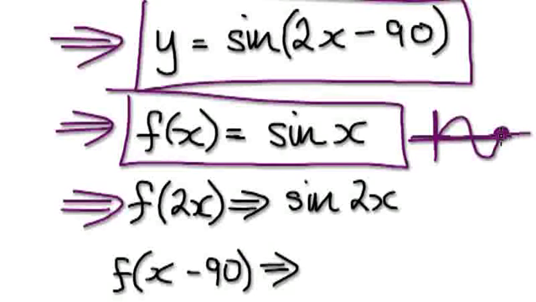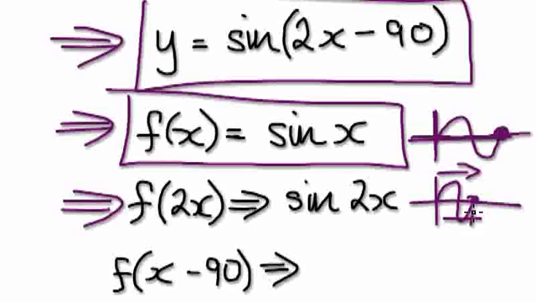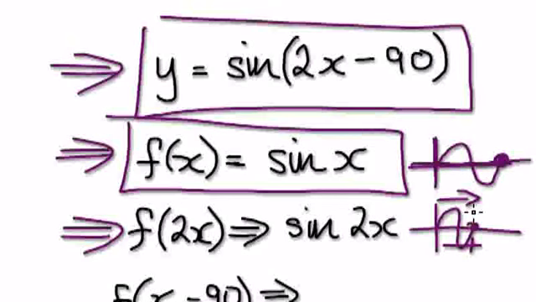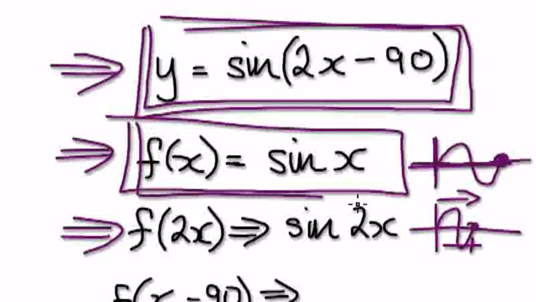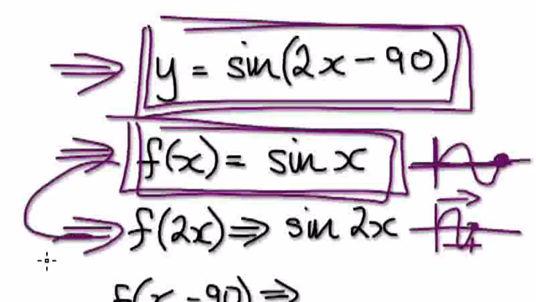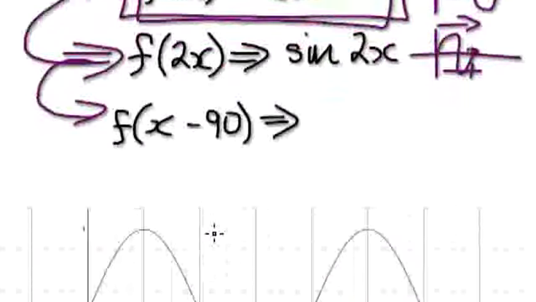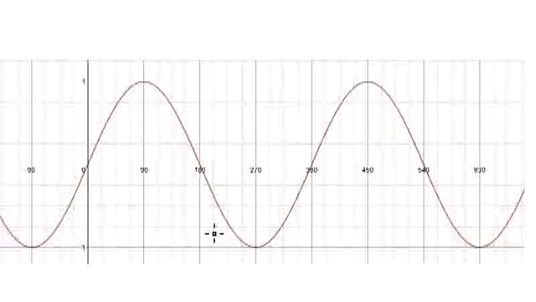So this is 360 here, and applying this transformation, we take it to 180, and then I'm going to shift everything across by 90. So for them to visualize this, they would picture the sine graph and then slowly transform it into this.